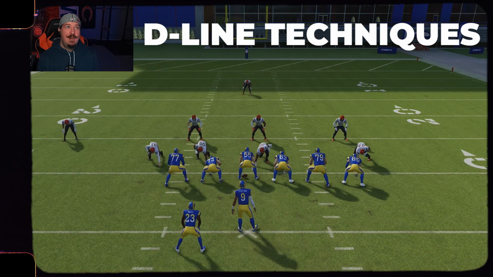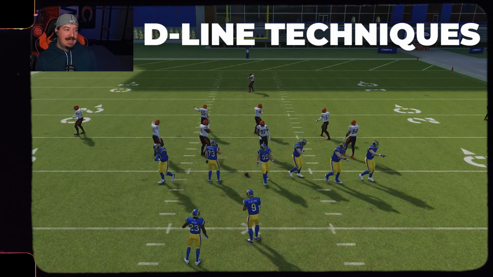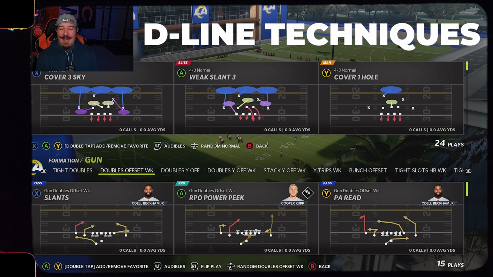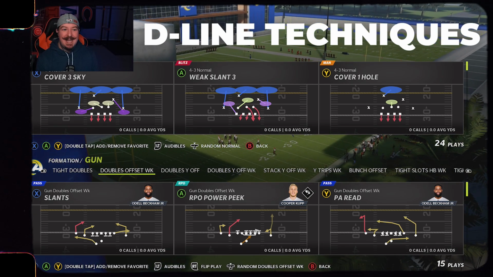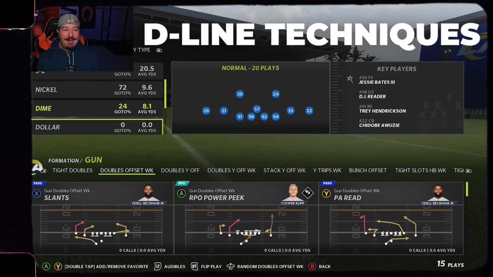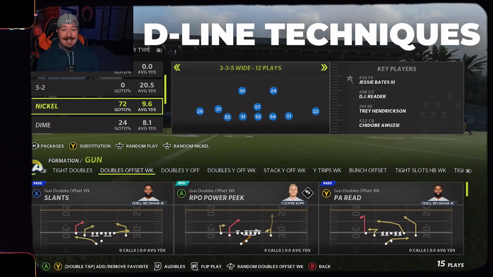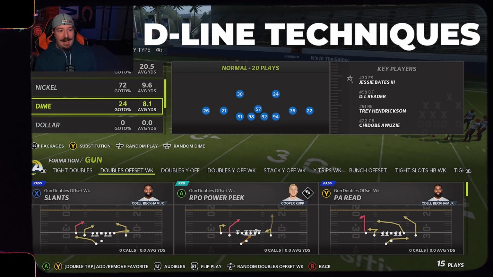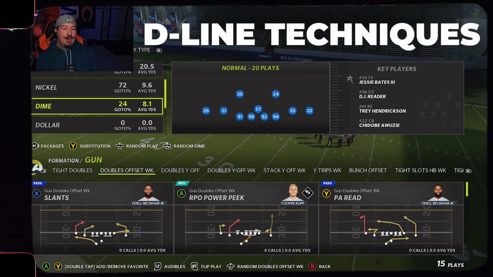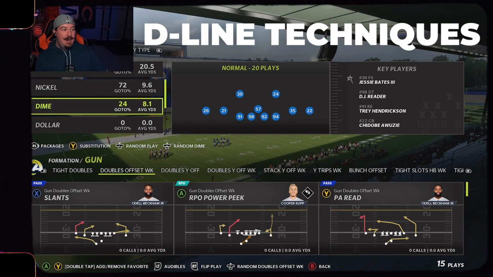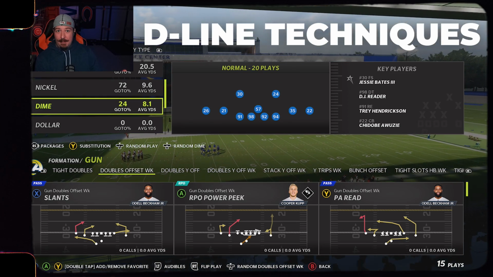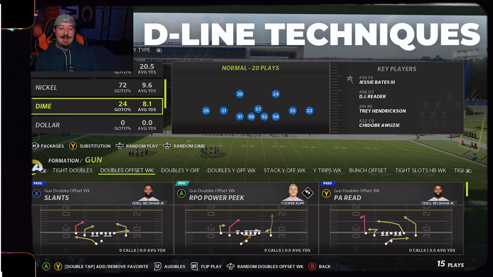Now, when you start to talk about further techniques, you don't really have an 8 tech. You don't often find an 8 technique in football, but you guys have, I'm sure, heard of the 9 tech. And the 9 tech is essentially a player that would line up outside shade on a tight end. Basically, if there was another tight end outside, he would kind of plug that gap for a second tight end.